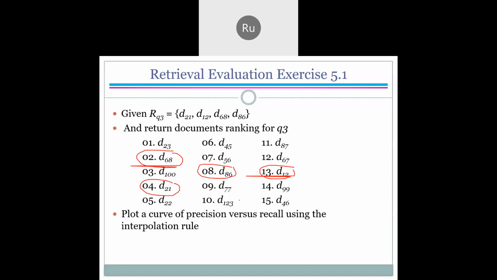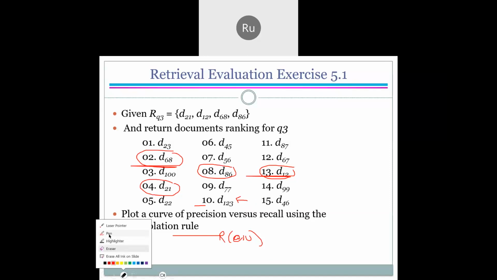For example, if we are here, what is the recall rate here? And we are at position 10. Normally we measure the precision here.